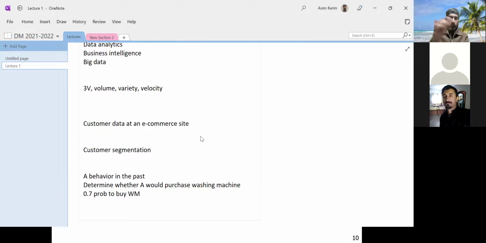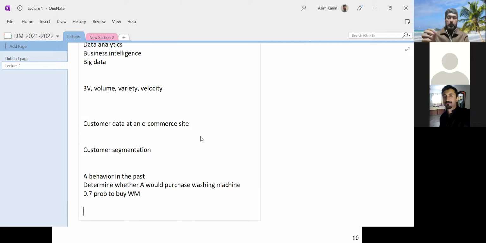For example, you know a particular customer A's behavior, and suddenly that customer A, who typically buys groceries, started buying electronics. That could be flagged as an anomaly. It might be because of fraud, because maybe someone has stolen his credit card or his identity.